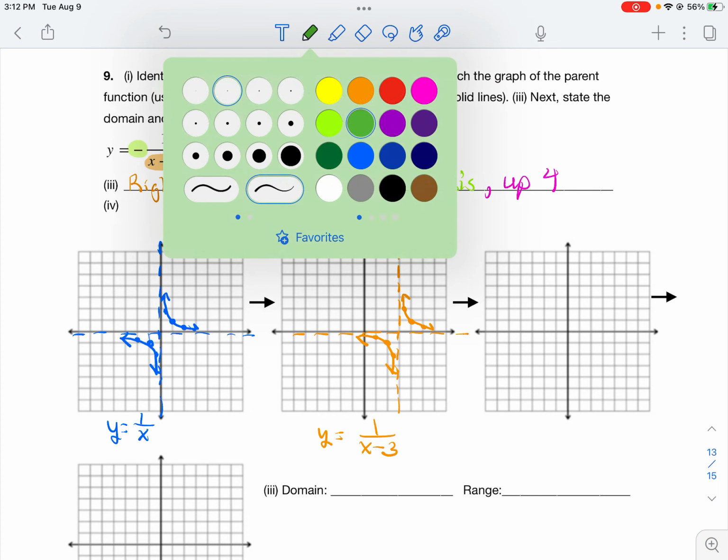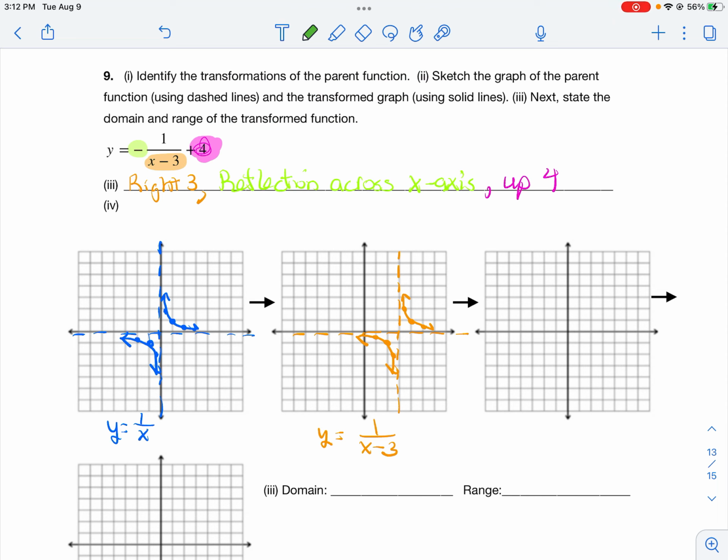Now we're going to deal with the green, which is our reflection across the x-axis. Again, our main point is the intersection of those two asymptotes. Let me draw those asymptotes again. So our main point is here. We're not going to keep that main point on there because that's not part of the graph, but that's what we're looking at as our main point. And we're going to reflect across the x-axis.